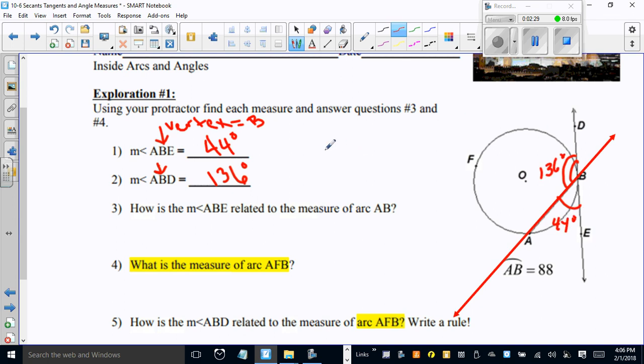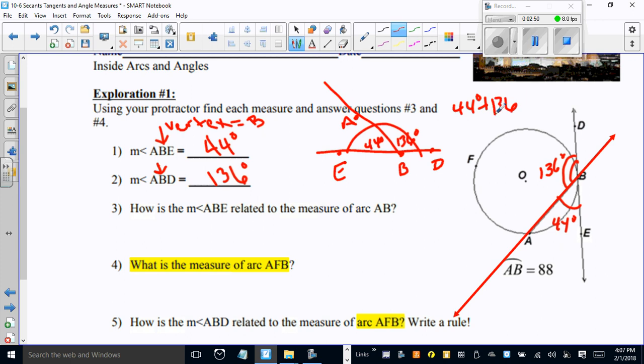Now, we learned last semester that when I have two angles that form a straight line, so that's 44 and this is 136, that they add up to 180 degrees.